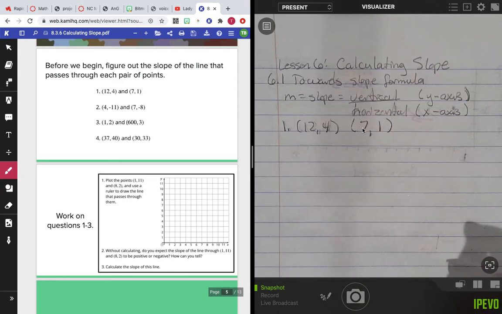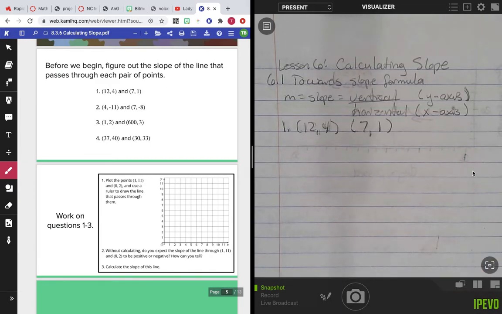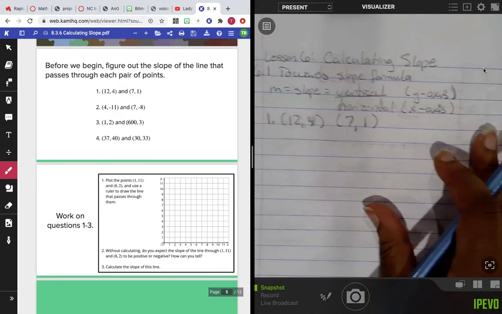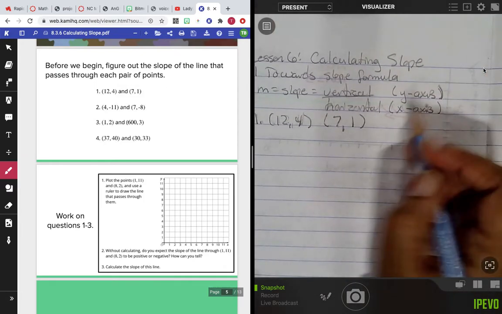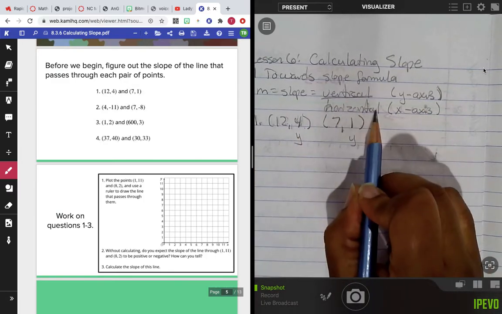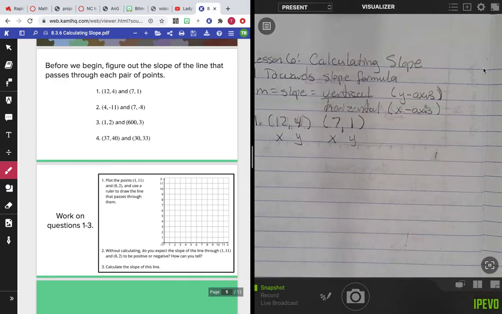If we recall from earlier lessons, we're going to look at our vertical, which is our y-axis, which is referring to our y values, and our horizontal, which is our x-axis, which refers to my x values.